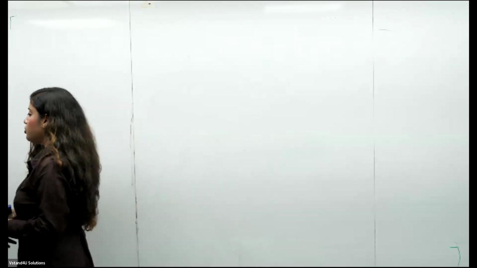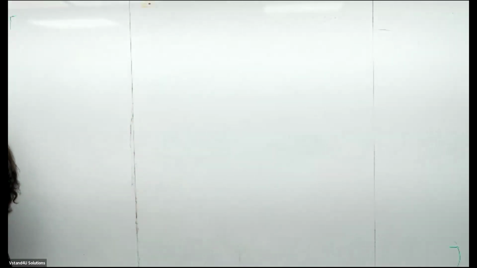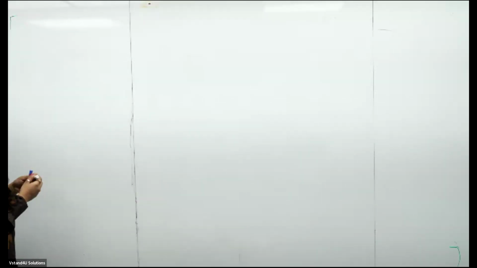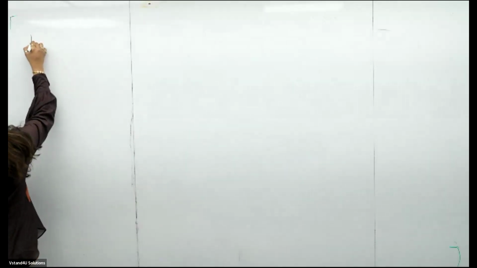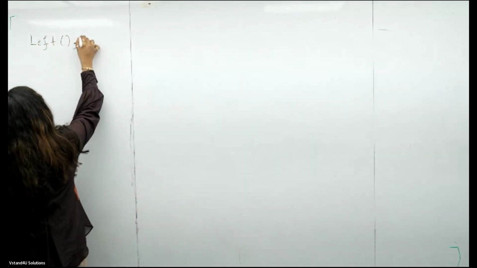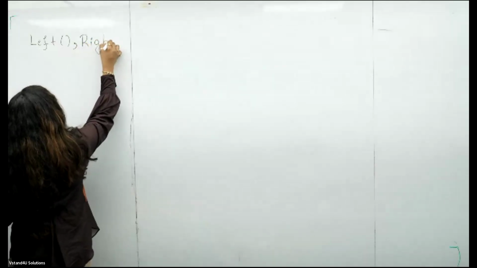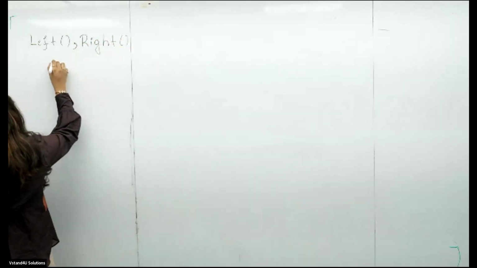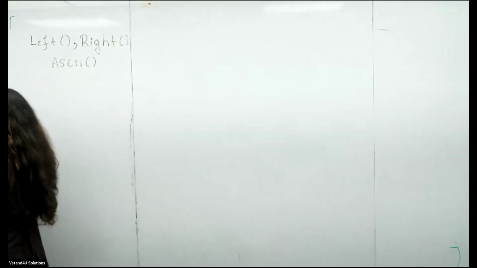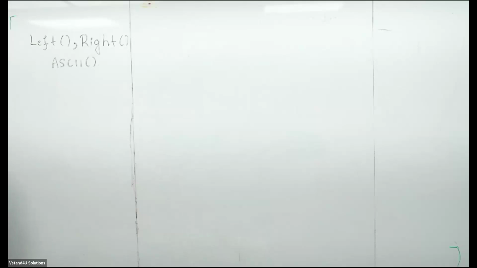You are left with 3 more. One is the left function, another one is the right function, and the last one is the ascii function. Yes or no? These were the string functions which were left.